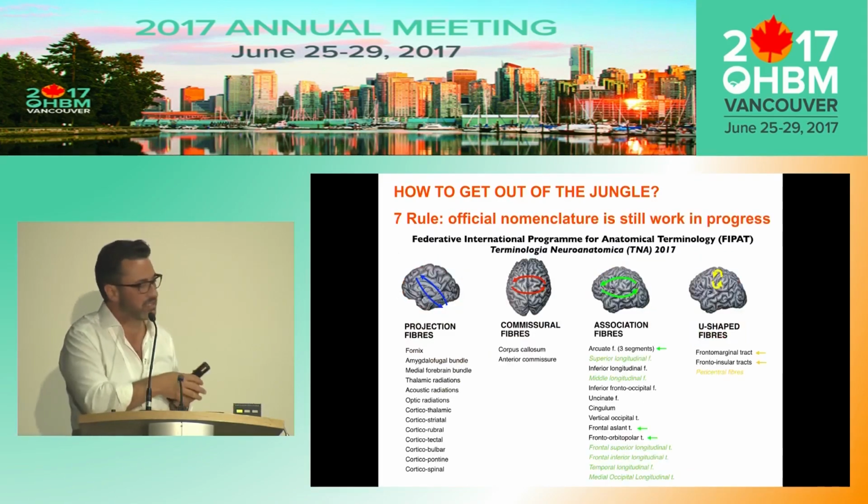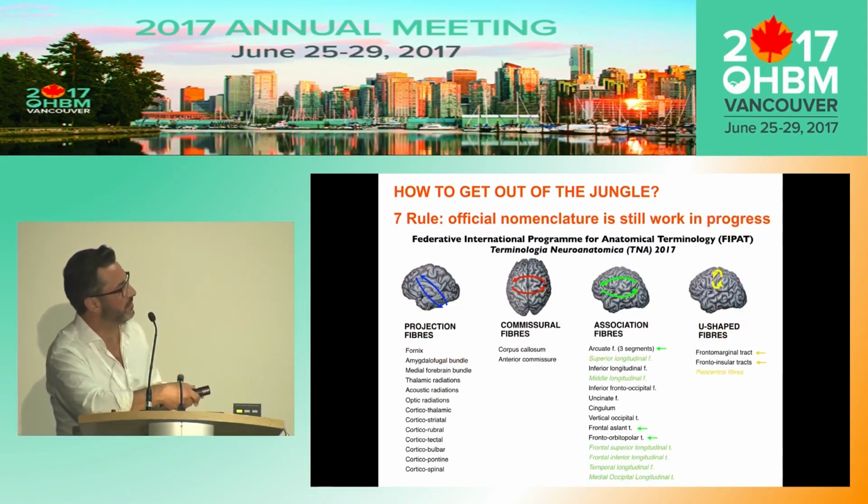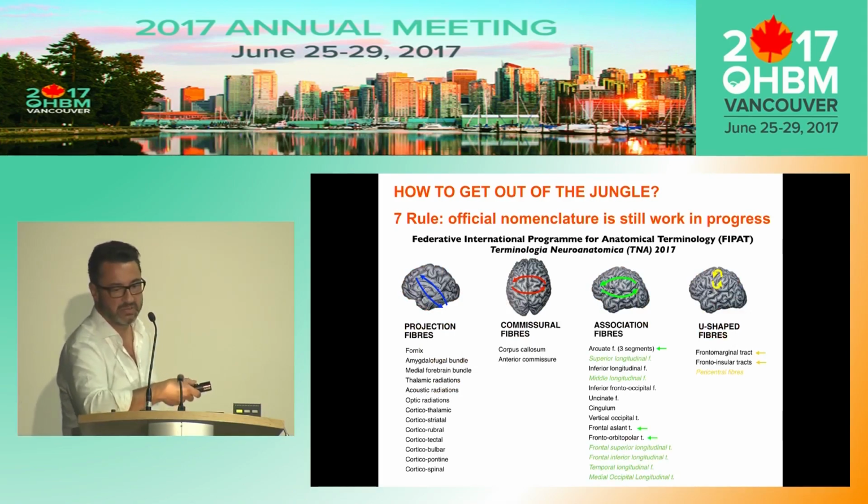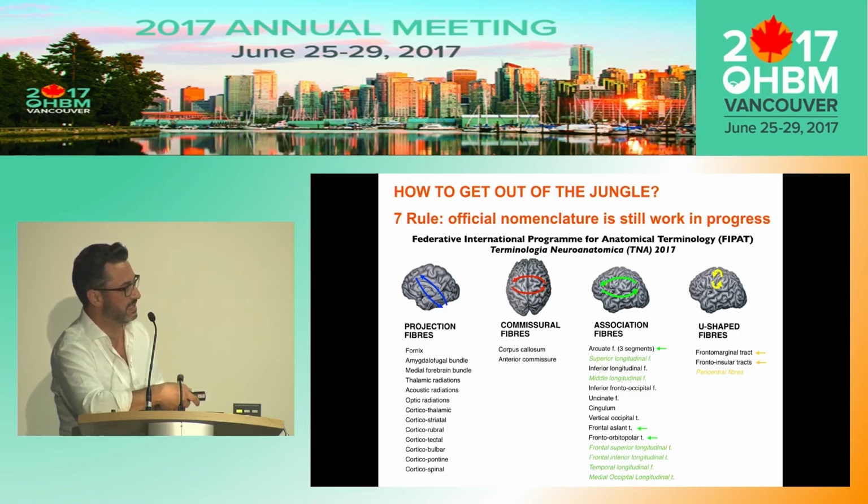Now, let me just show you rule number 7, which is that the nomenclature is still a work in progress. There are some tracts that have been added recently, the ones with the green arrows there. Other tracts are still proposed, still discussed, whether we should include them in the official nomenclature or not.